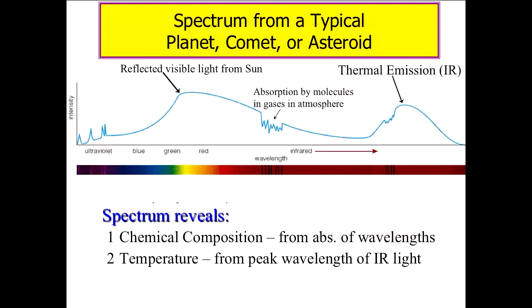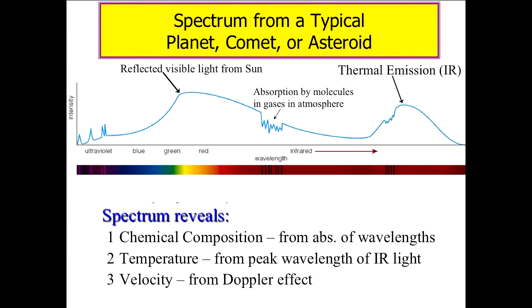You can certainly learn the temperature of the planet, because remember, the amount of thermal emission is related to temperature, and the peak wavelength of that thermal emission, the wavelength where the intensity is highest, is directly related inversely to the temperature. So you can actually measure the temperature of the planet or the moon two different ways.